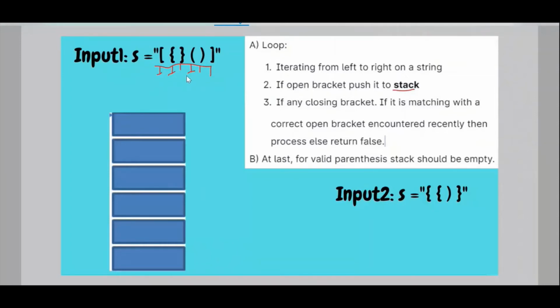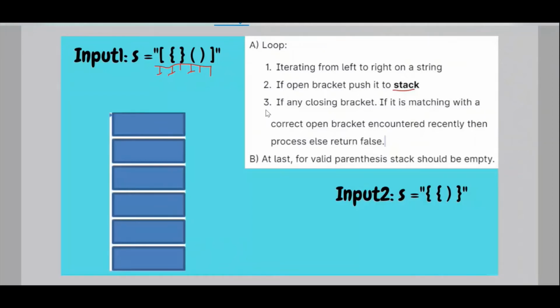So you can see that we are checking the recently entered with the current closing bracket that we have got. So a stack works on last in, first out. So last in basically means that we need the recently entered value and that will be popped out first. Last in, first out. So the last opening bracket entered should be first popped out and checked. So that's why we need a stack.